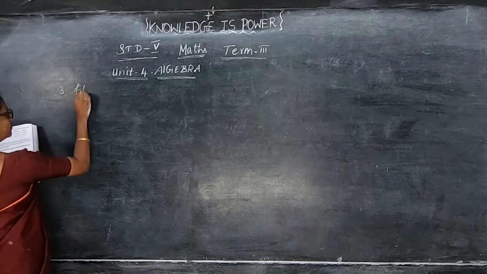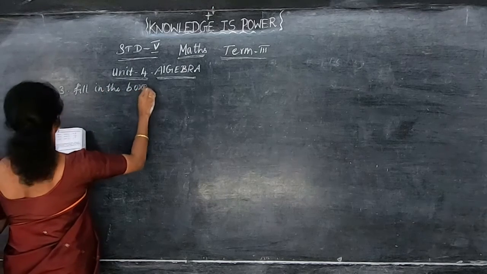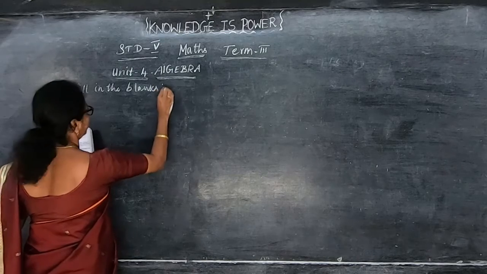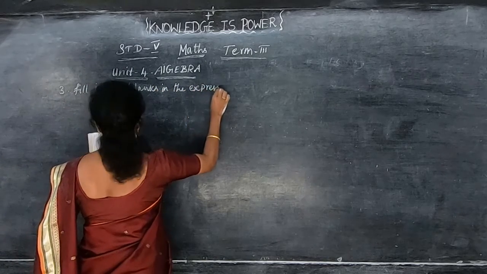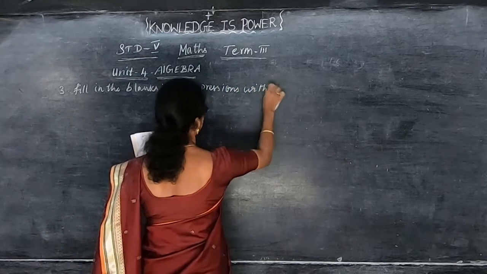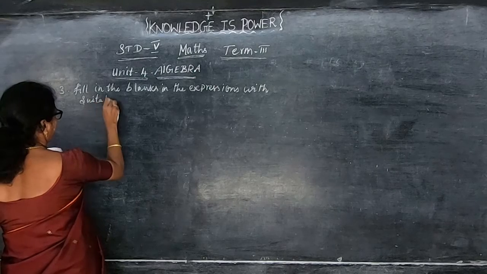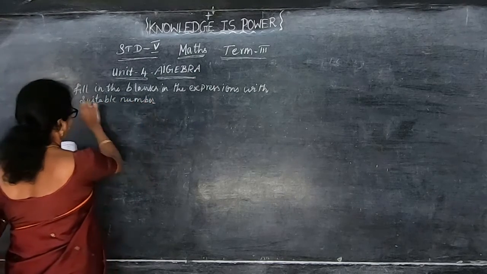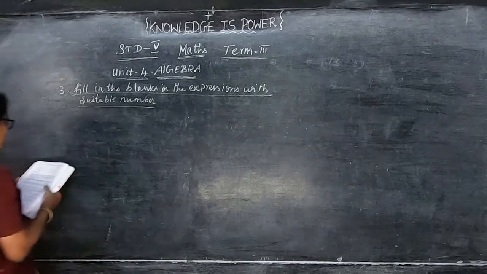Third one, fill in the blanks in the expressions with suitable numbers. So only 6 sums are there.